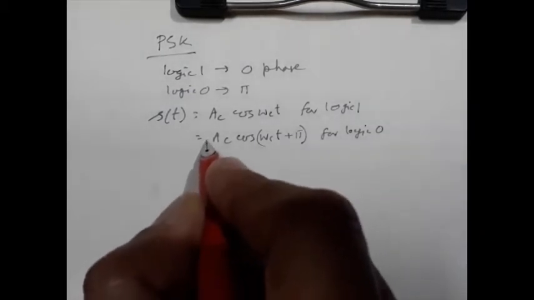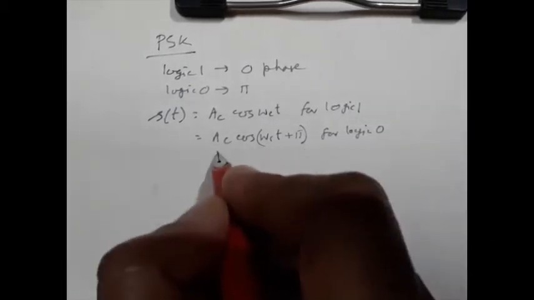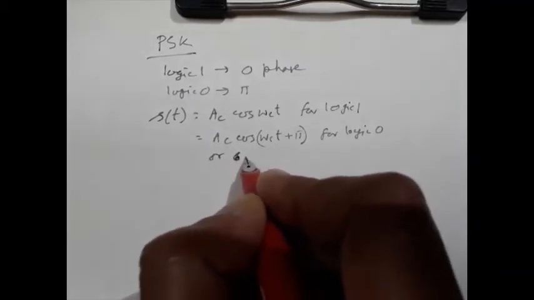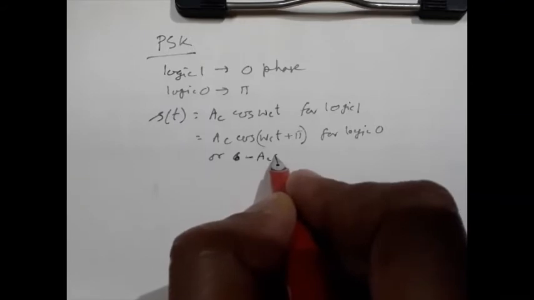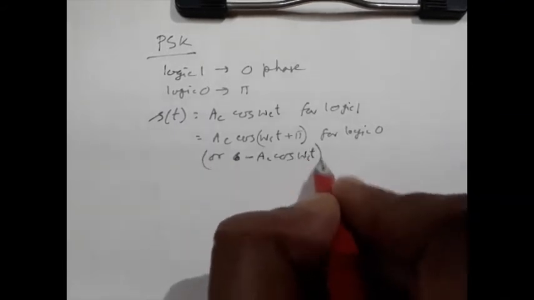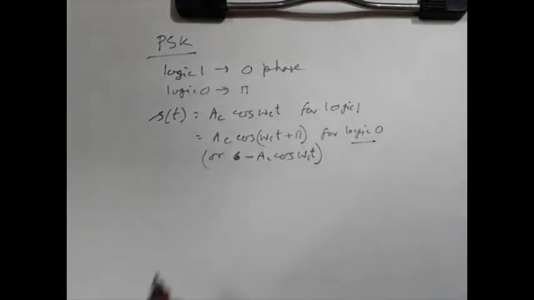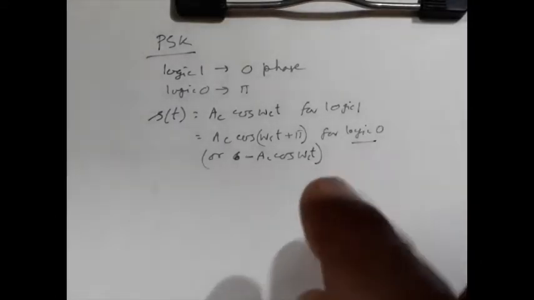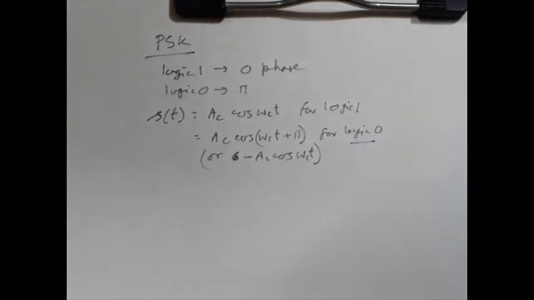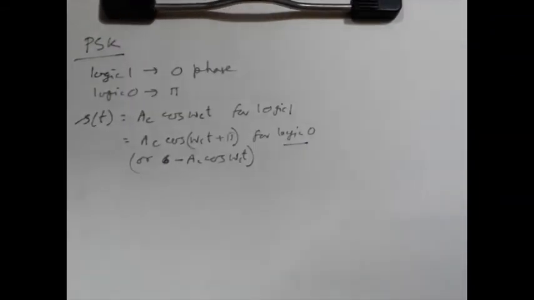That means this is equivalent to minus AC cos omega ct for logic 0. This is how we can represent the PSK signal. So let us now see its waveform.